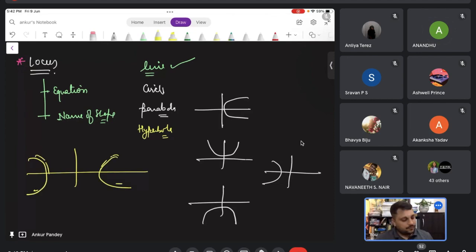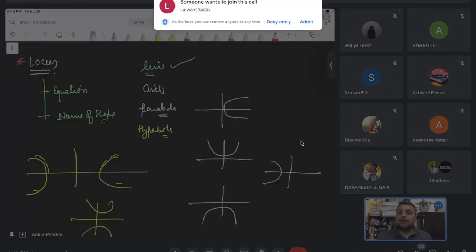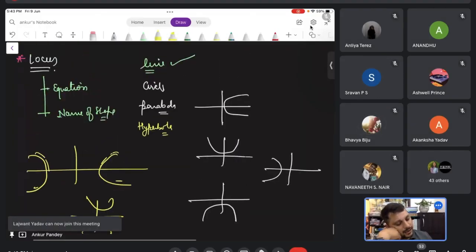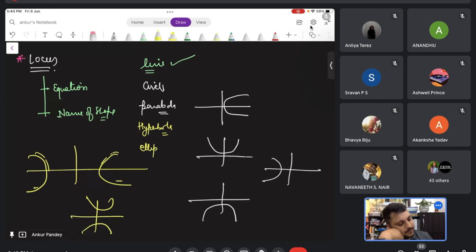Understood? And then comes ellipse. This is an ellipse, this is an ellipse, right or not? As I said 6, there is one more called pair of lines.